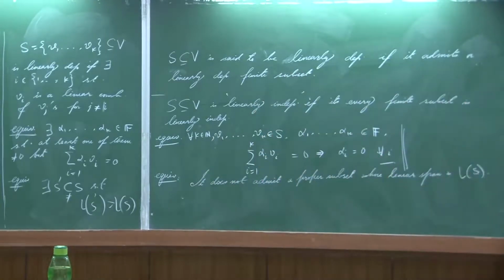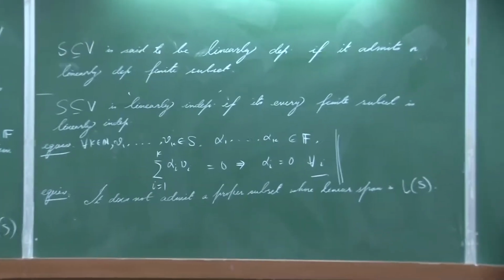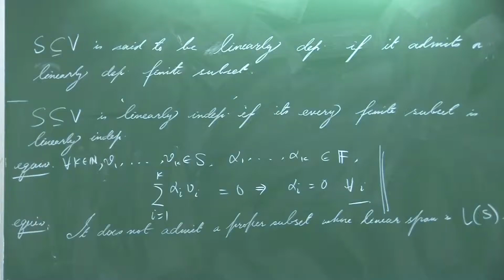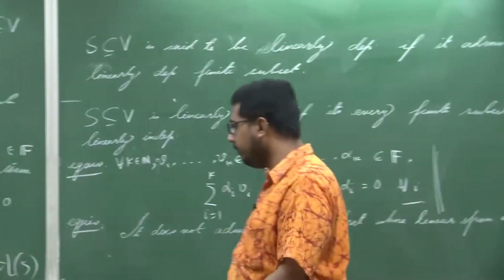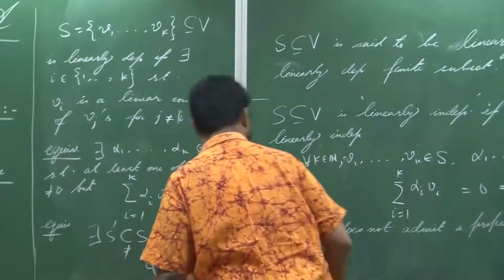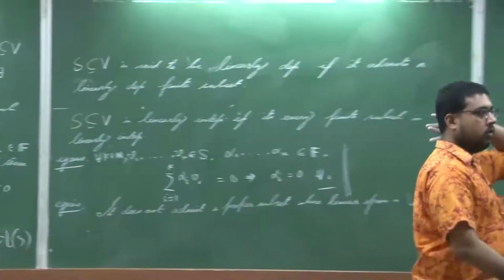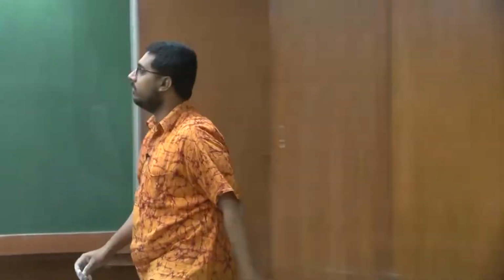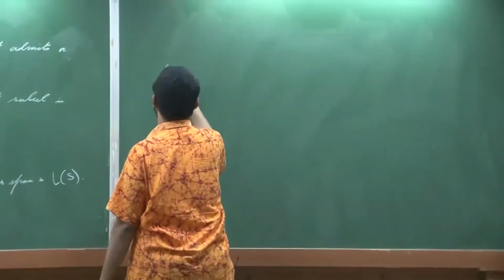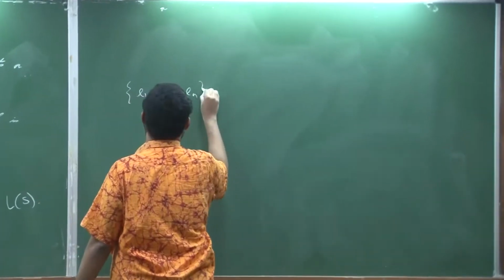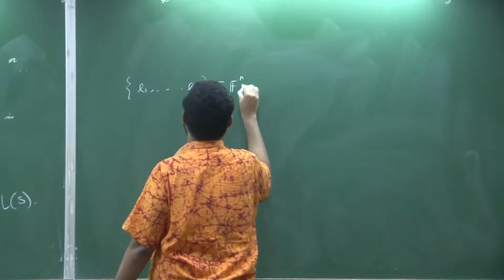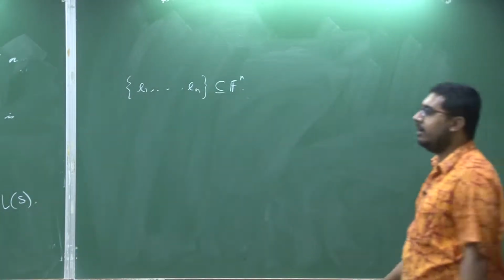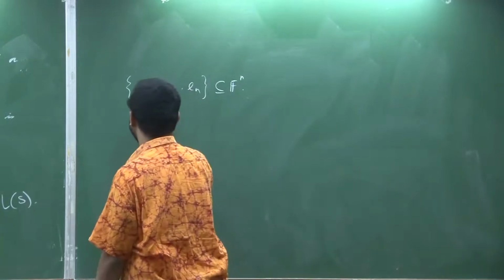Okay, so let us see some examples of linear dependence and independence. We just quickly go through the examples, for instance the sets which we have already worked with in earlier examples. Let us start with the simplest one, e1 to en in F^n. Is that linearly dependent or independent? That is very easy to see.